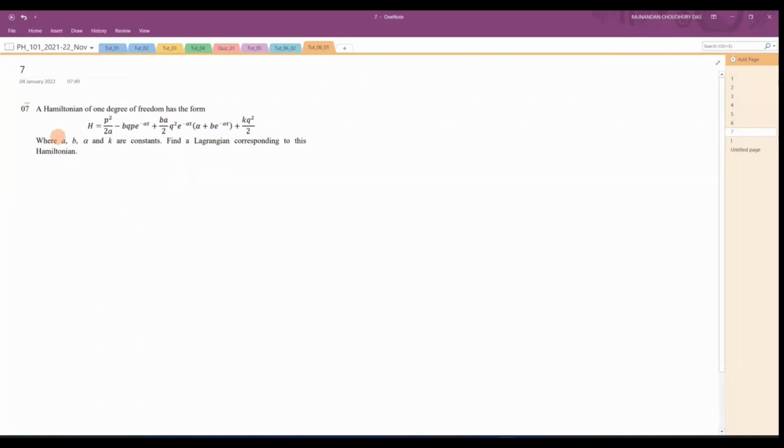Okay, the seventh problem says that it is one degree of freedom and has this form. The Hamiltonian has a very complicated form, and we are supposed to find the Lagrangian corresponding to this Hamiltonian. So what can we do?